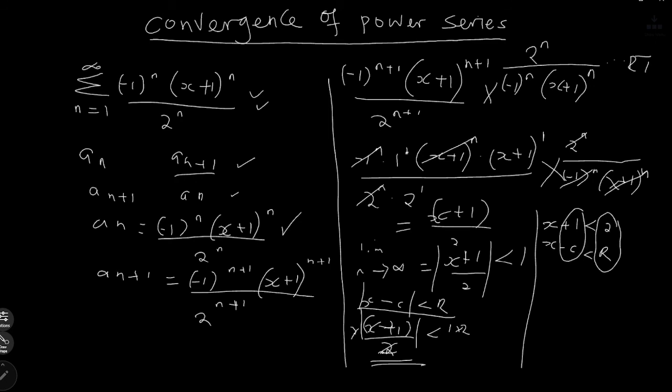But as you can see, c is negative, so c is equal to negative 1, while R is equal to 2. So the interval of convergence is going to be... up to here we just have c as negative 1 and R as 2.